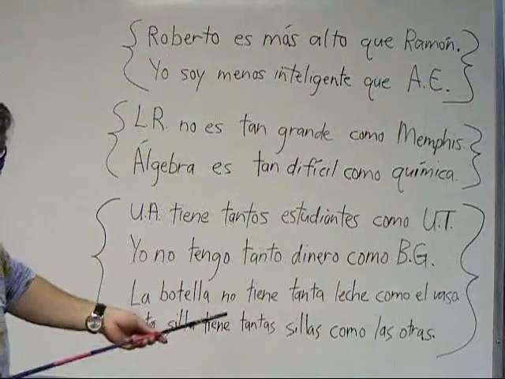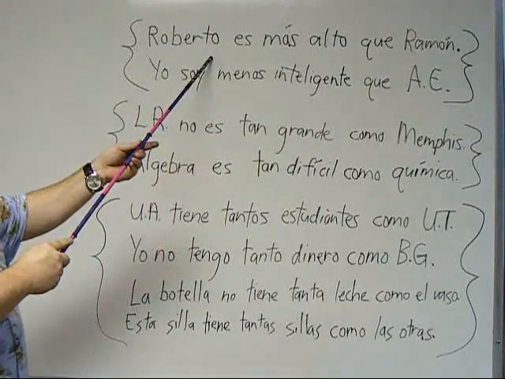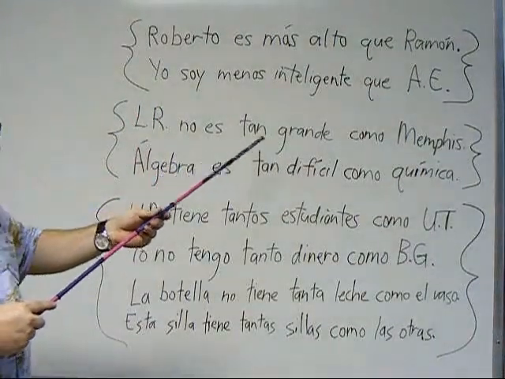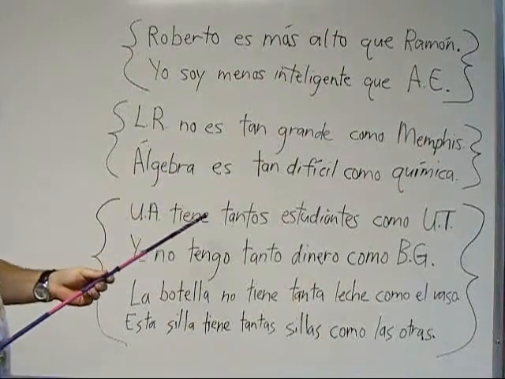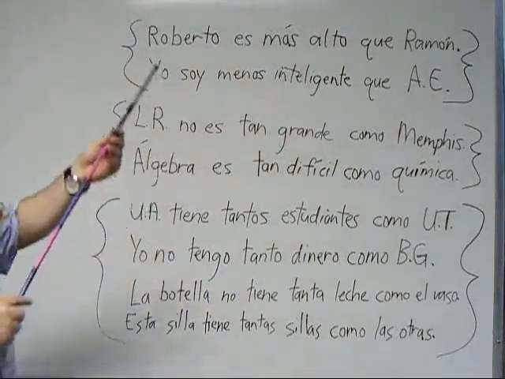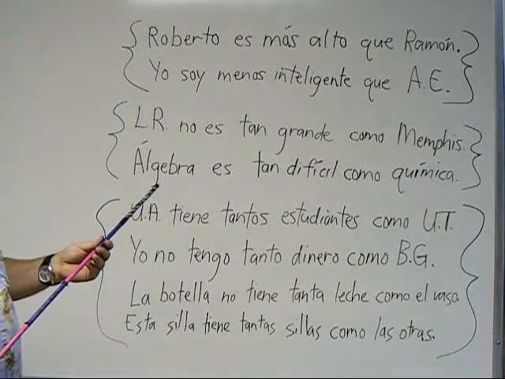So again, this is the third level. We have the base comparison, bigger, better, more red, more small, whatever. And then we have the as blank as, and then we have as much or as many as here in this third set. And these are the three basic comparison forms that you'll need to know.